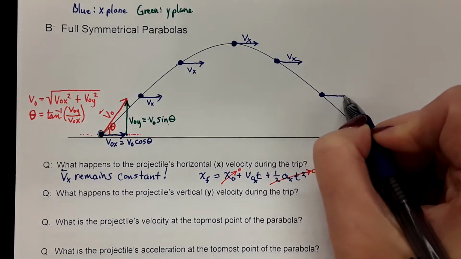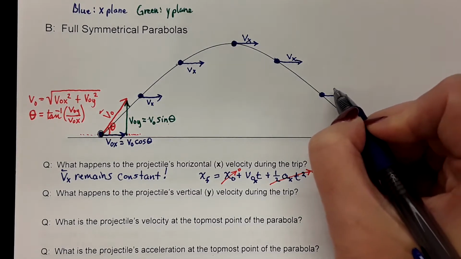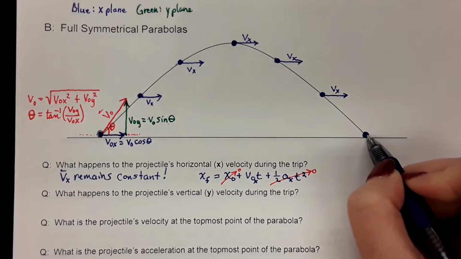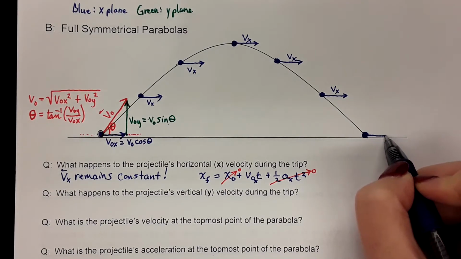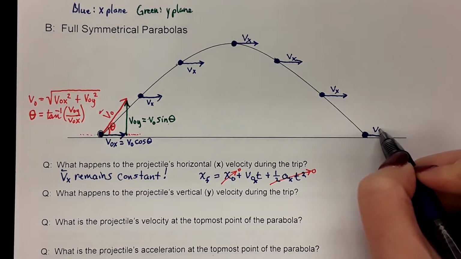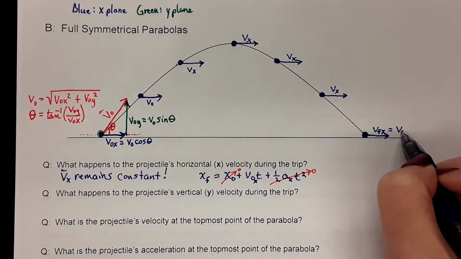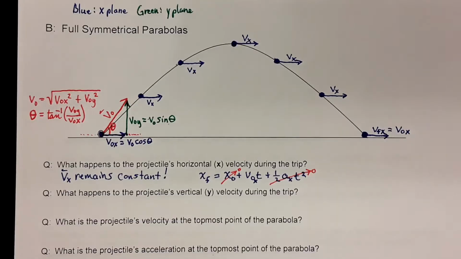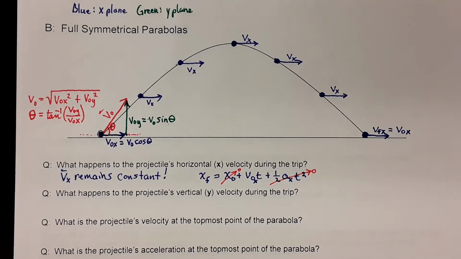It's going to stay exactly the same. And when it strikes the ground with a horizontal velocity of v sub fx, which is the same value as v sub ox, it hasn't changed.